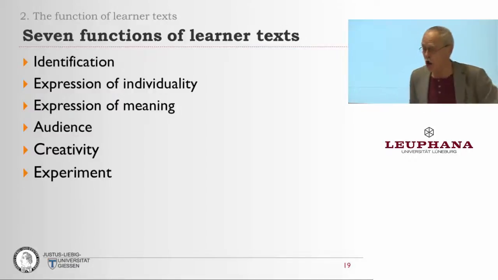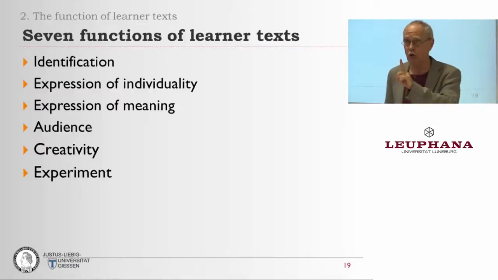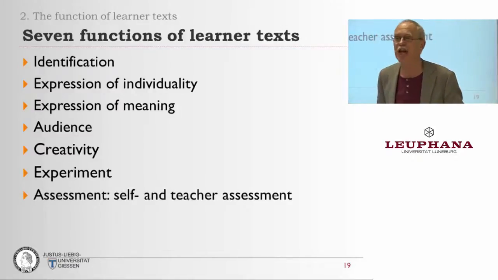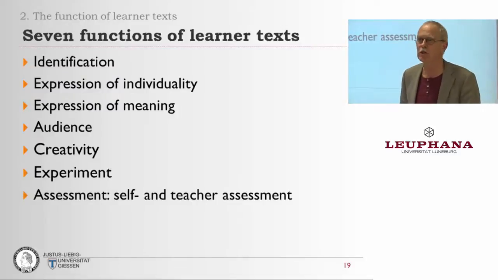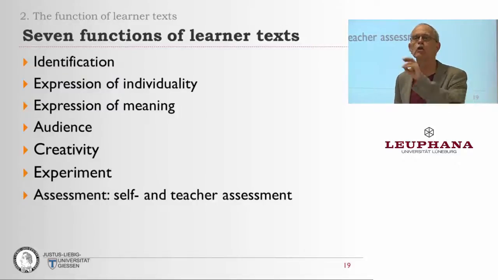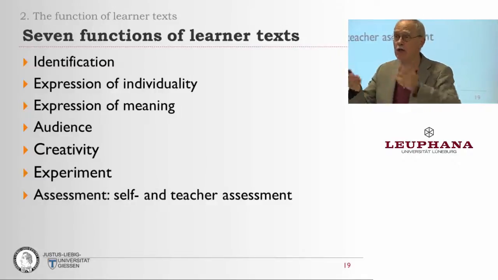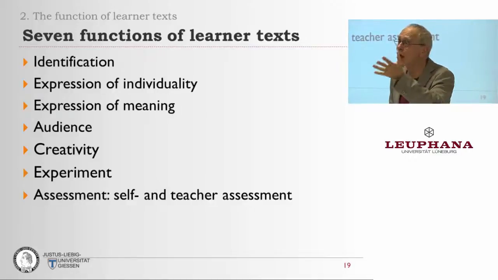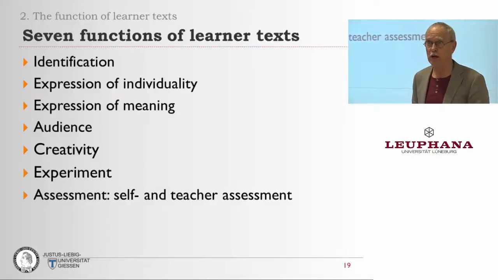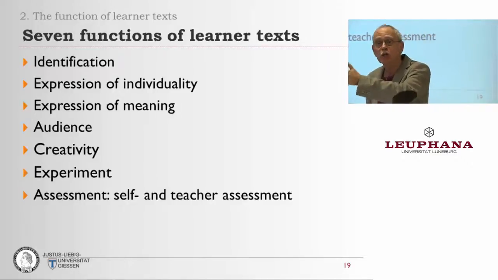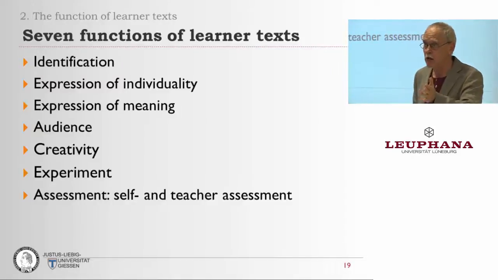Now, of course, learner texts are also a means for assessment, self-assessment and teacher assessment. But this is only one of the functions. And of course, teachers want to see how well learners can perform. And they will look at what learners do. They will take notes and say, oh, this learner needs some help in pronunciation.